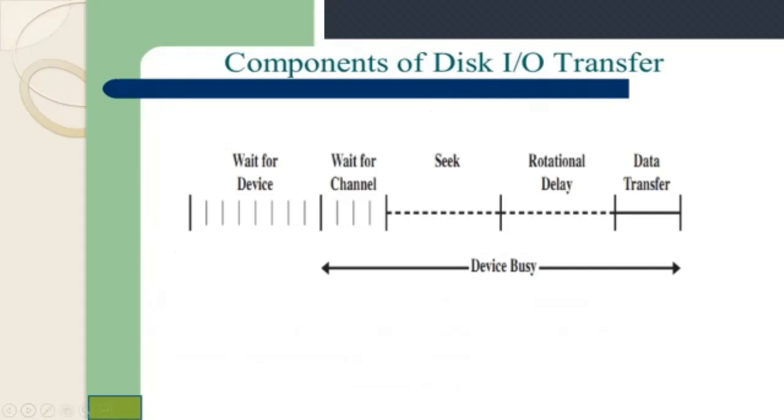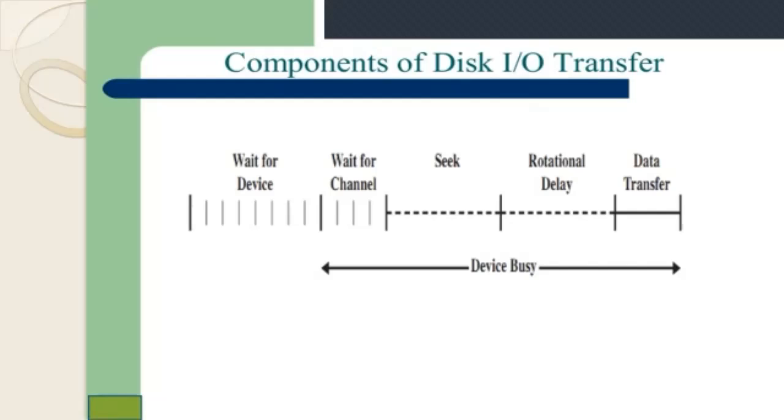Components of disk transfer: look, waiting for device, waiting for channel, then seek, rotational delay, and data transfer. Rotational delay means searching is occurring for which sector, where it is stored, and then at the end there is data transfer.